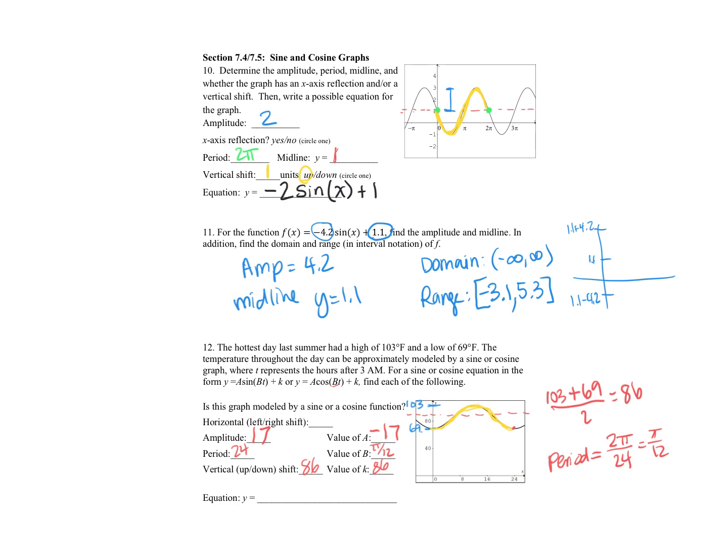So there's no horizontal shift. And so we have y equals negative 17 cosine of, the b then is pi over 12, x, plus the k is 86.